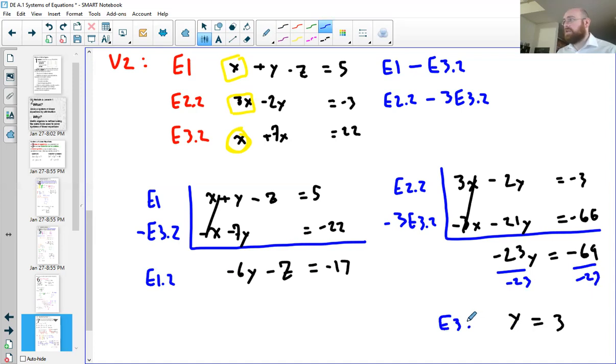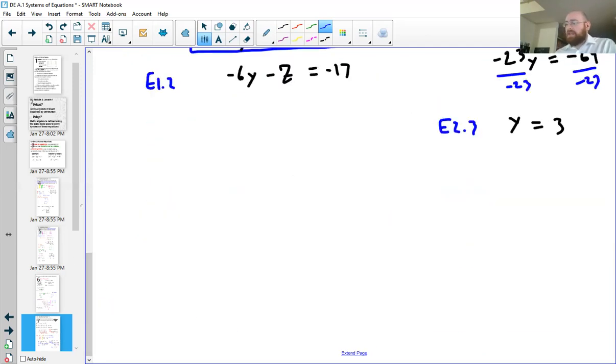Hold on. I think this is actually 2. Okay. So this is actually equation 2.3. So now we have the third version of our system. So we have equation 1.2, equation 2.3, and equation 3.2.